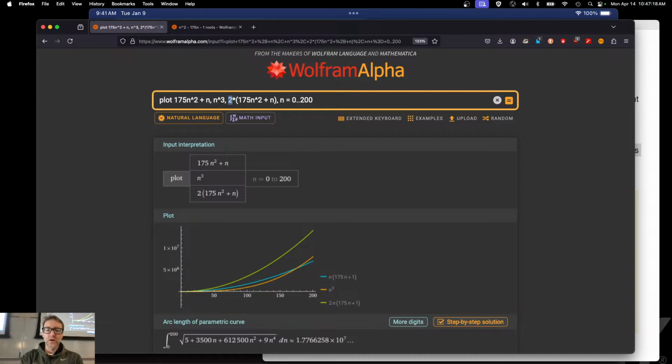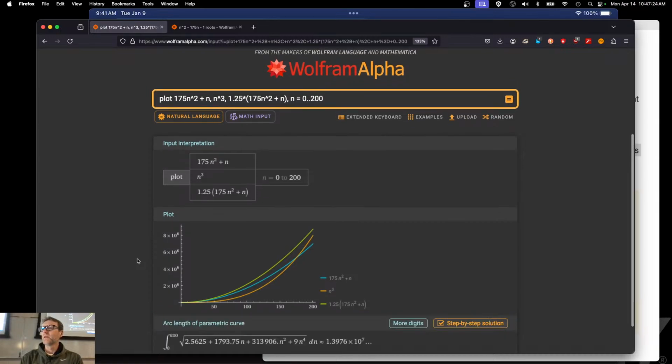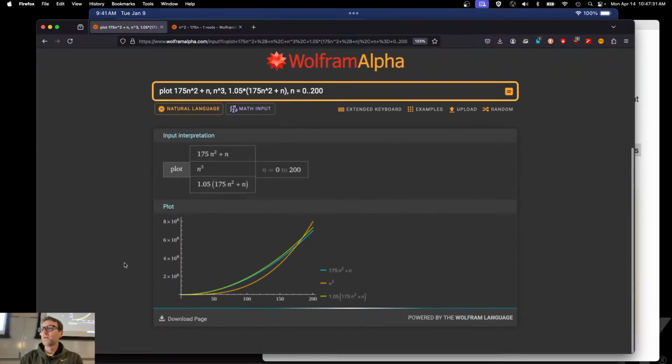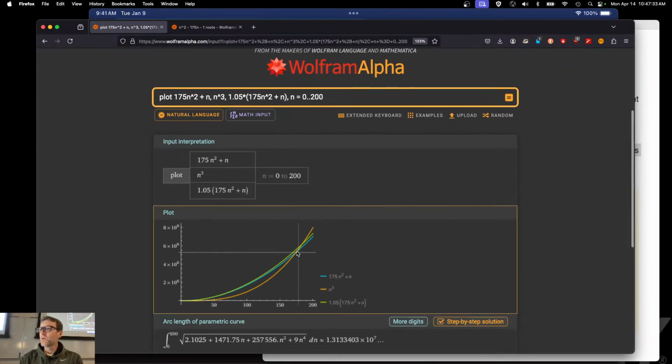Let's go ahead and go with 1.125. Let's try that. All right. That's still too much. It doesn't have to be much. I guess 0.5. There we go. So there's the intersection point originally. What I've done by multiplying it by that small constant is I've pushed the intersection point back to somewhere over here, right?